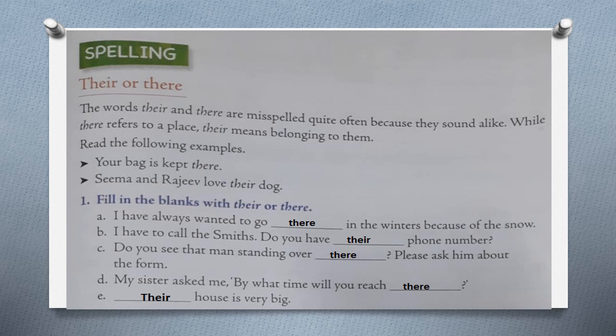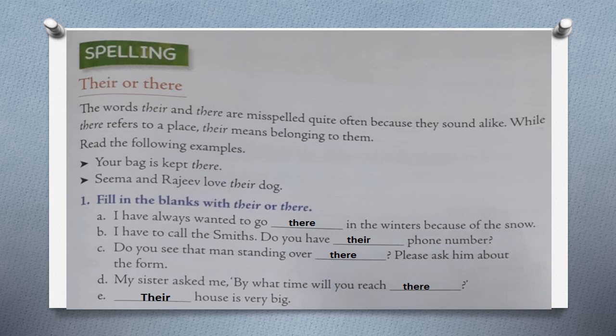See the B part. I had to call the Smiths. Do you have their T-H-E-I-R, their phone number? Their phone number means that phone number belongs to them. So, do you have their phone number? So, write T-H-E-I-R.